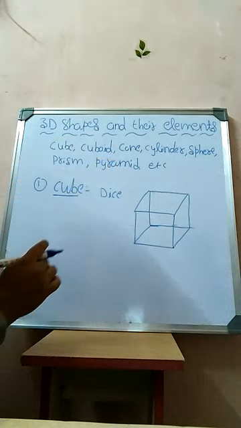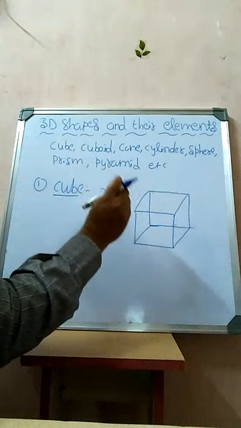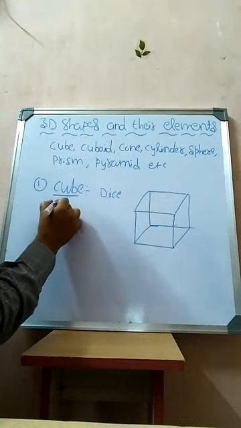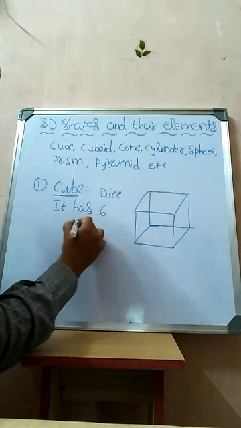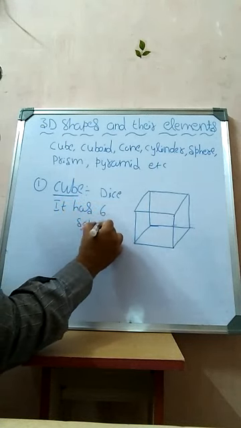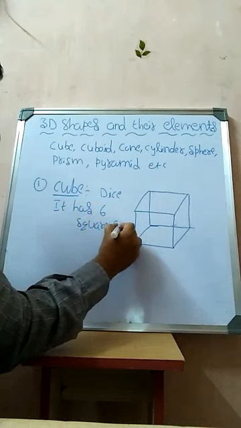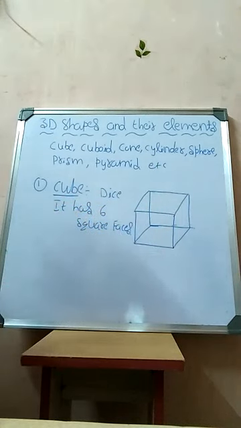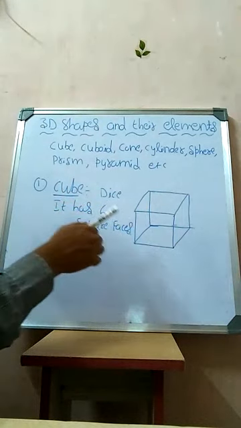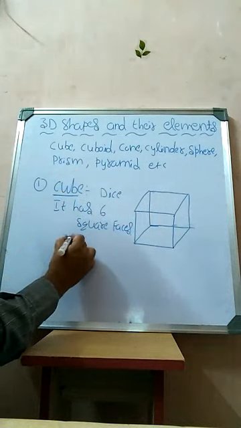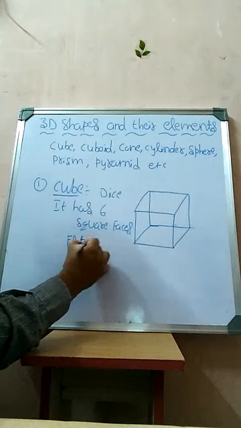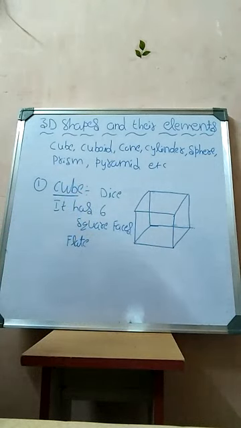It has six square faces. What I have to remember about a cube is that it has six square faces. All faces are flat. No curved faces.